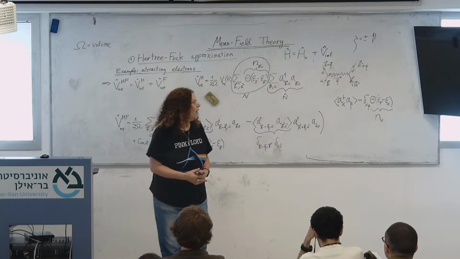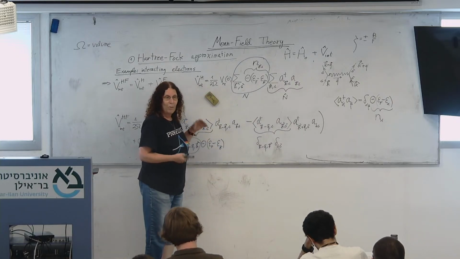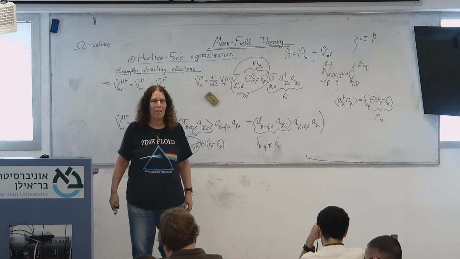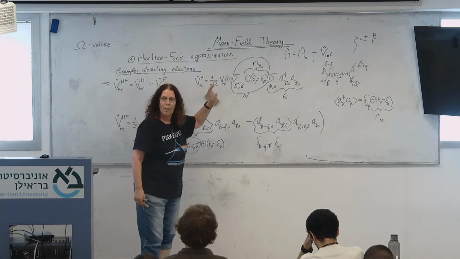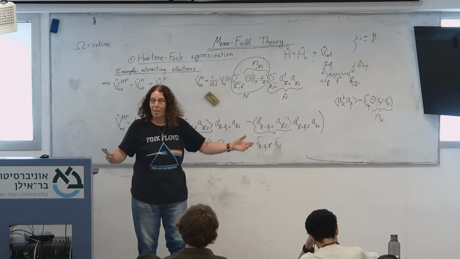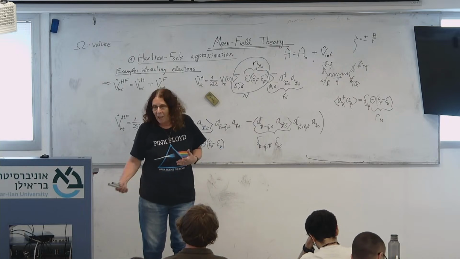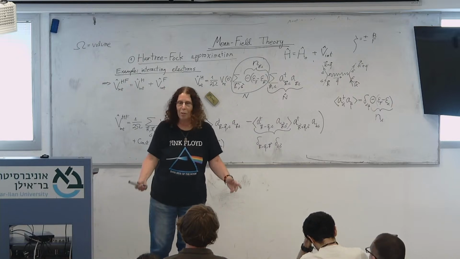Now, you may say, oh, but this is terrible. Obviously, it's not perturbative in any way you can think, because it's a huge energy scale, the Coulomb interaction of a macroscopic number of electrons. But of course, why shouldn't we worry about it?